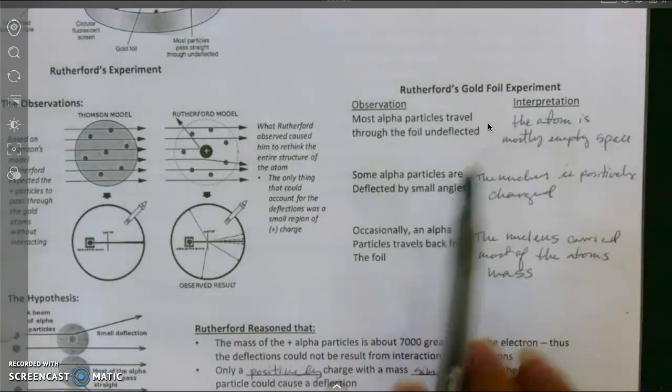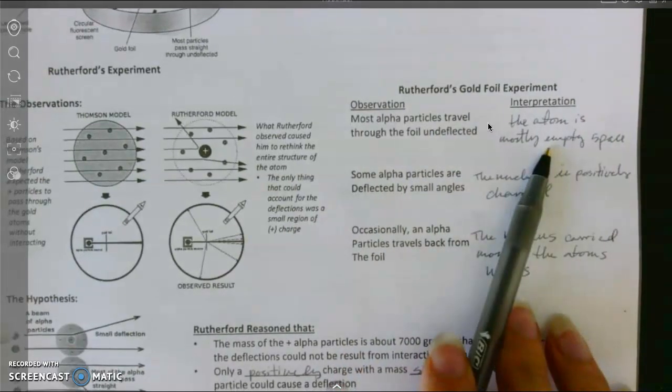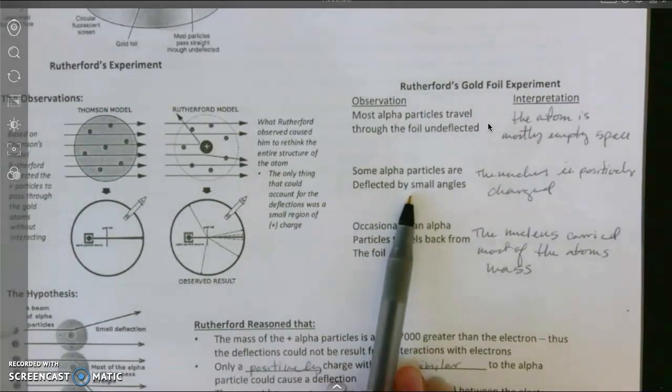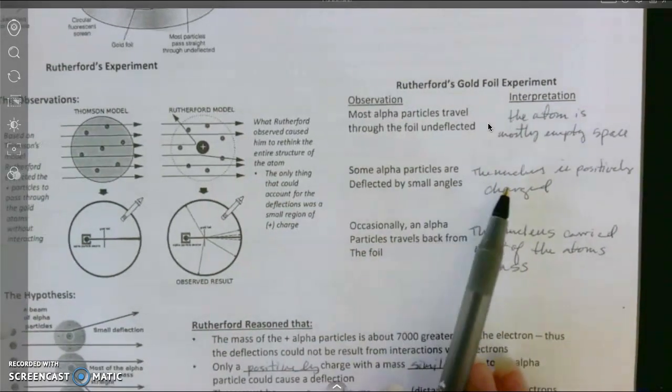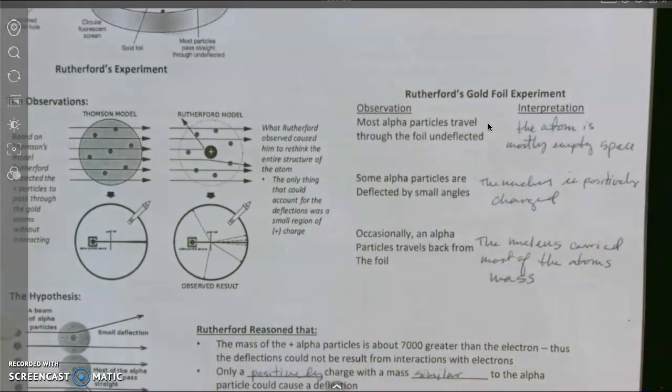Most of the alpha particles traveled through the foil, and so that means that most of the atom has to be empty space. Some were deflected at small angles, which told us that the nucleus has a positive charge, because like charges repel, right?